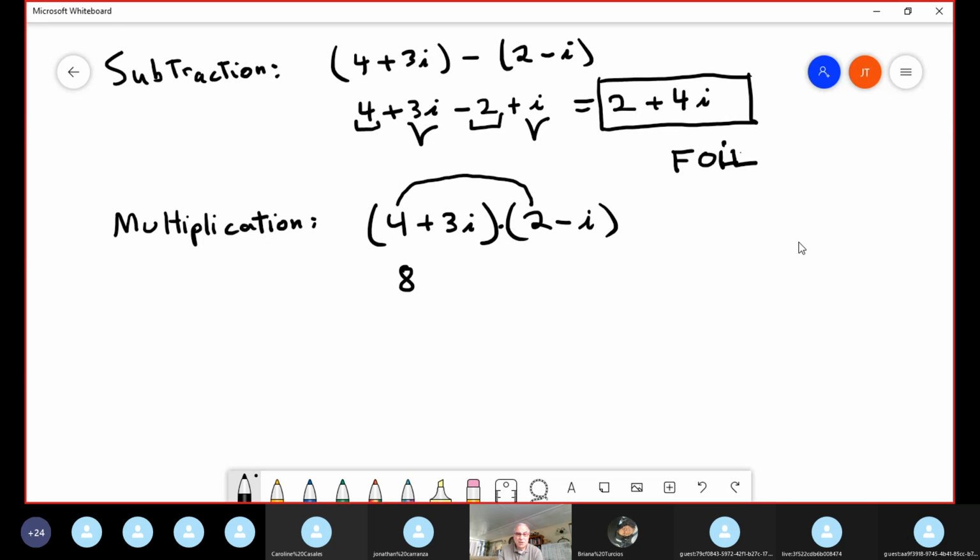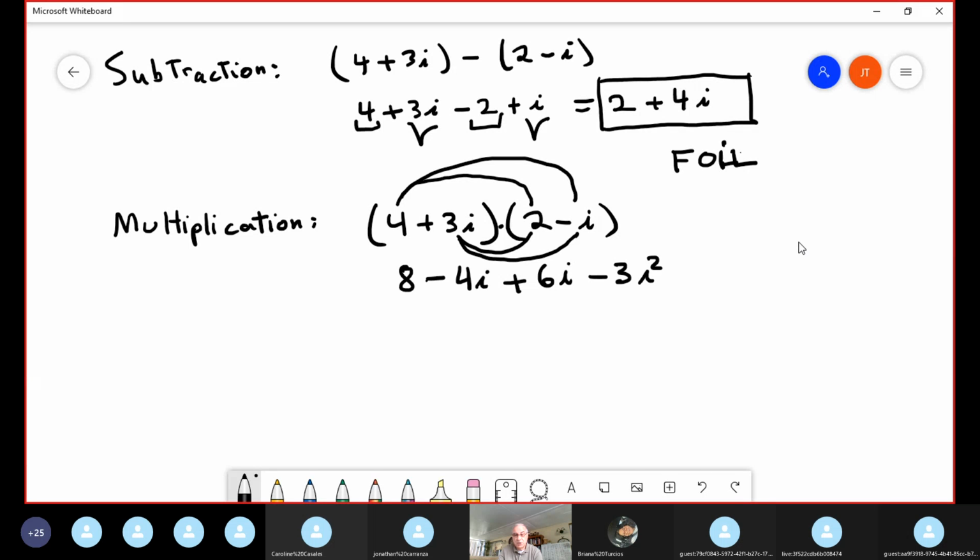So 4 times 2 is 8. 4 times minus i is minus 4i. 3i times 2 is 6i. And 3i times minus i is minus 3i squared. Leave it like that?